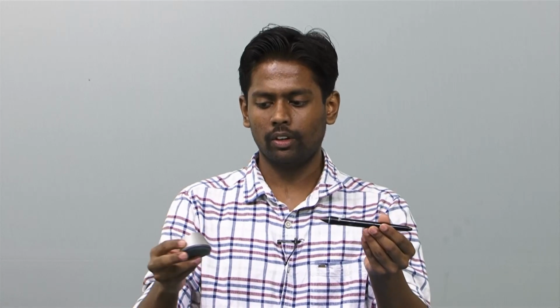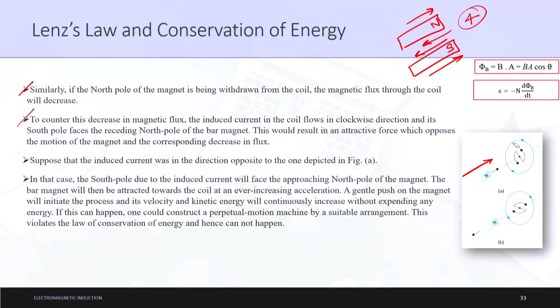Let us take this as a bar magnet and this as a coil. Anything always has some energy involved in it. If anything is being gently pushed, it is not like it will increase its current to 1 lakh millivolts or 1 lakh volts. It does not happen in the current scenario. Why it doesn't happen is because there is always a conservation of energy.